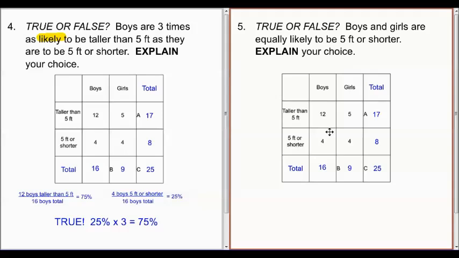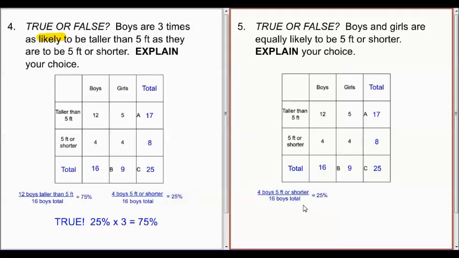Boys and girls are equally likely to be 5 foot or shorter. Okay, so we got boys and girls 5 foot or shorter. It looks like there's 4 of each. However, it's not equal numbers. Most people just said that there were more boys in the class than girls, so 4 is not really equal to 4, but I think it's easier to say this if we use percentages.